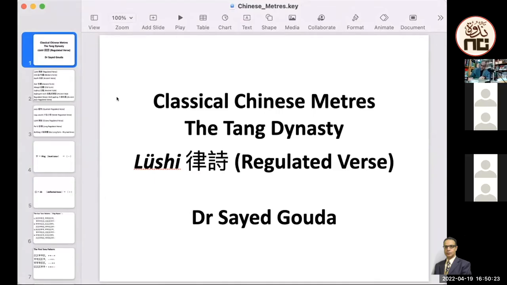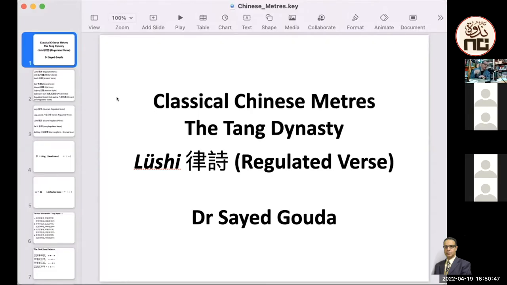But after studying the classical Chinese meters in detail, I discovered that it's so rich that I don't think there is any other classical language that has such rich meter.